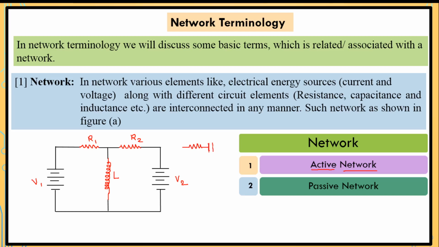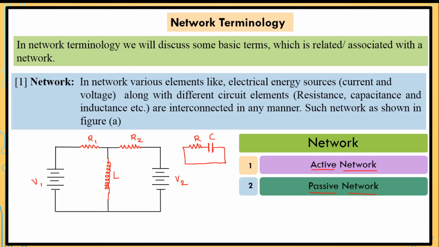Suppose here we have considered a resistance, and here we have connected a capacitance. In this network there are resistance and capacitance, but no energy sources, that is, neither current source nor voltage source. That's why this network is called a passive network. A passive network is made up of passive elements: resistance, inductance, capacitance.